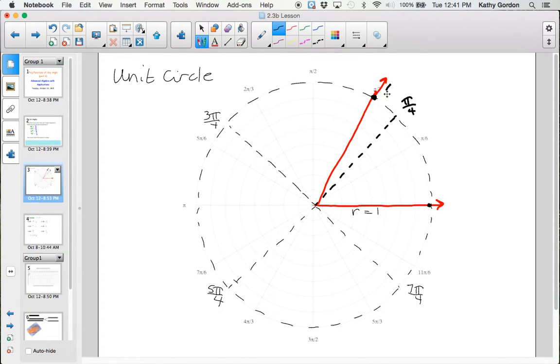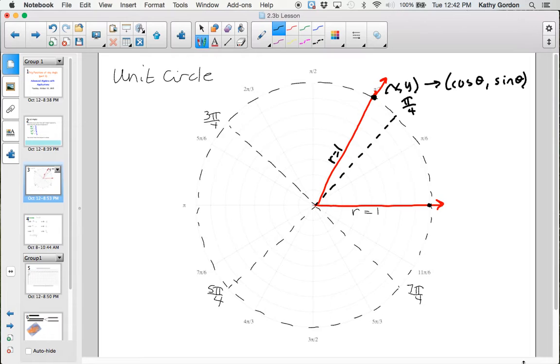It would be some x comma y point. Which now means, because r is still 1, that it is cosine of theta, comma, sine of theta. That's the ordered pair.